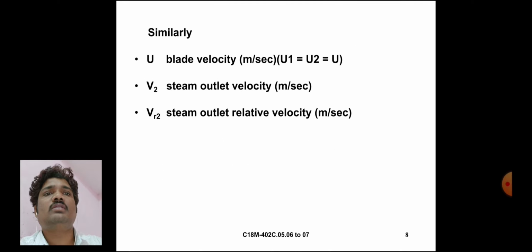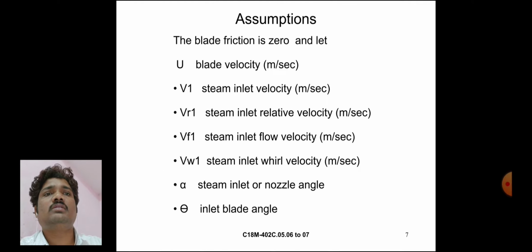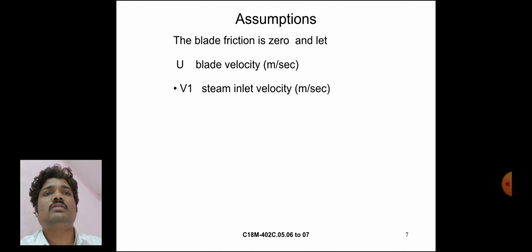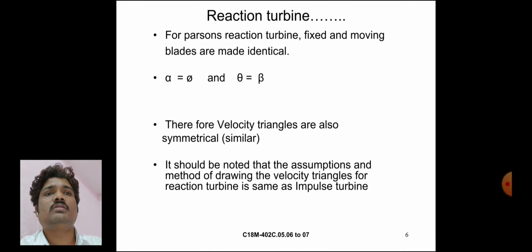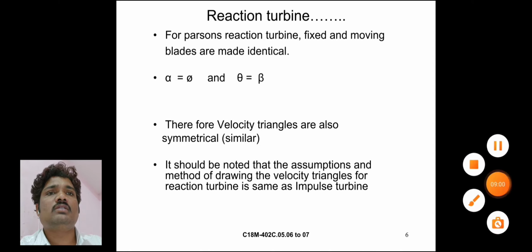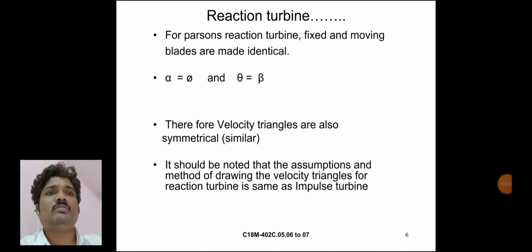This figure shows reaction turbines. For a Parsons reaction turbine, the fixed and moving blades are made identical.